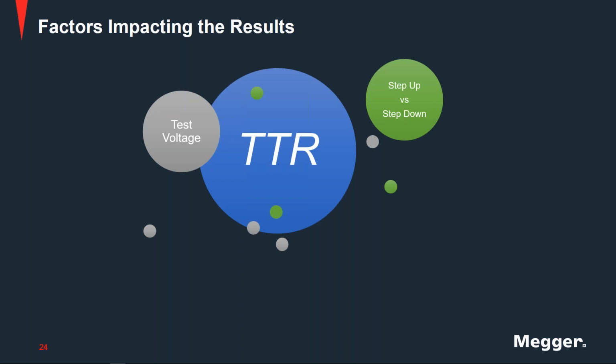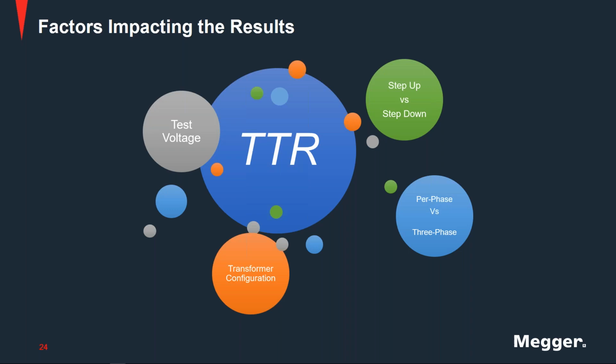This relates to whether you're exciting the transformer in step up or step down. So whether you're exciting the secondary winding or you're exciting the primary winding, that will influence the amount of test voltage that you can generate. Whether you are injecting single phase or three phase, this can also influence your measurement. And then finally, the transformer configuration that you are testing. Again, not only that TTR relationship, but another impact as well.